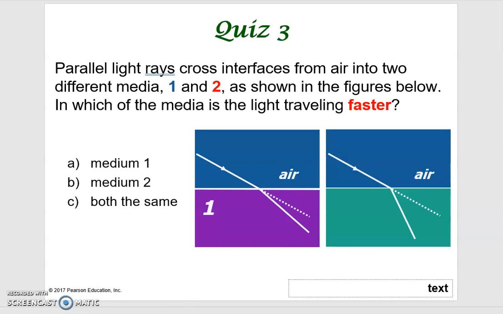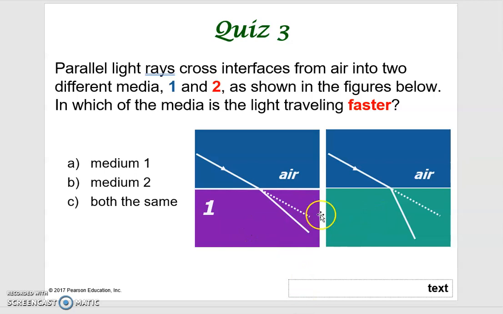So now let's take a look at our final conceptual quiz today. You have two parallel light rays close to the interface from air to some material. You have no idea about materials 1 and 2.